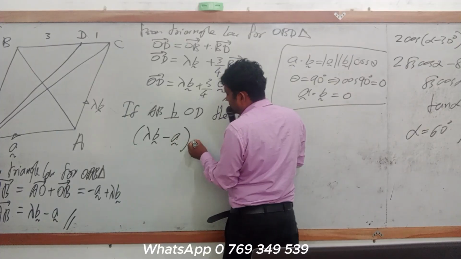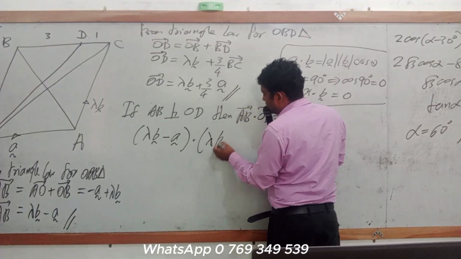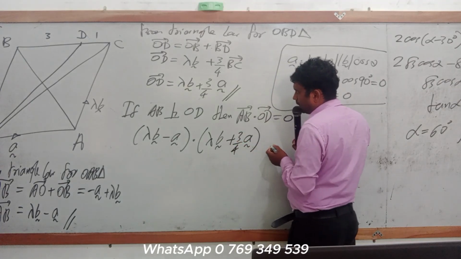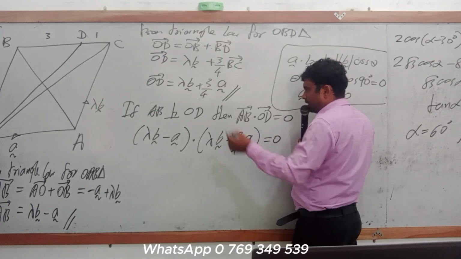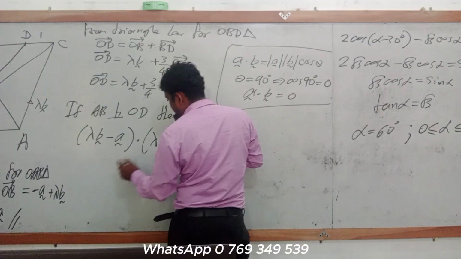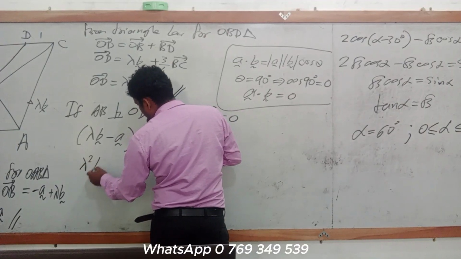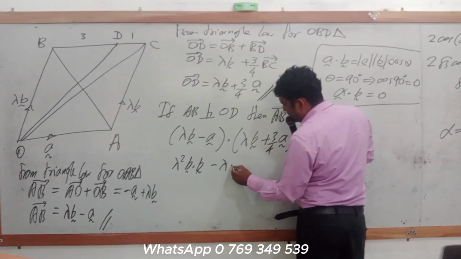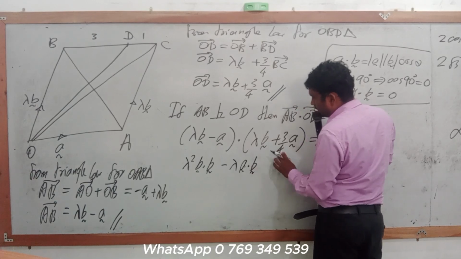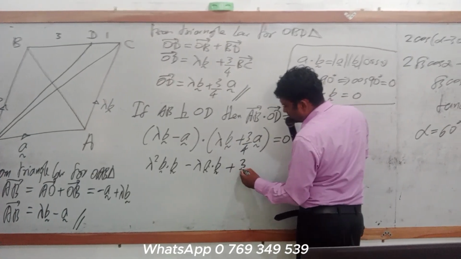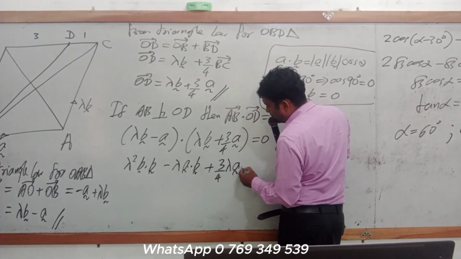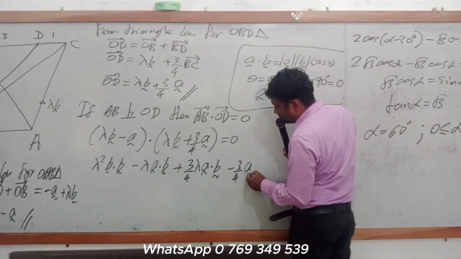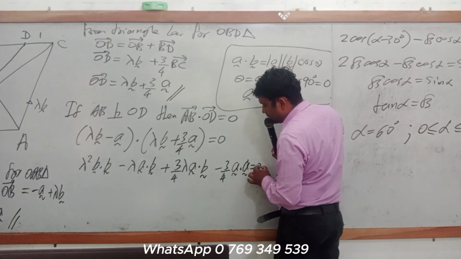Lambda B minus A, dot lambda B plus 3 over 4 A, equals 0. We have to multiply those things. Multiply this one: lambda square B dot B, and here minus lambda A dot B, and here plus 3 over 4 lambda A dot B, and here minus 3 over 4 A dot A equals 0.